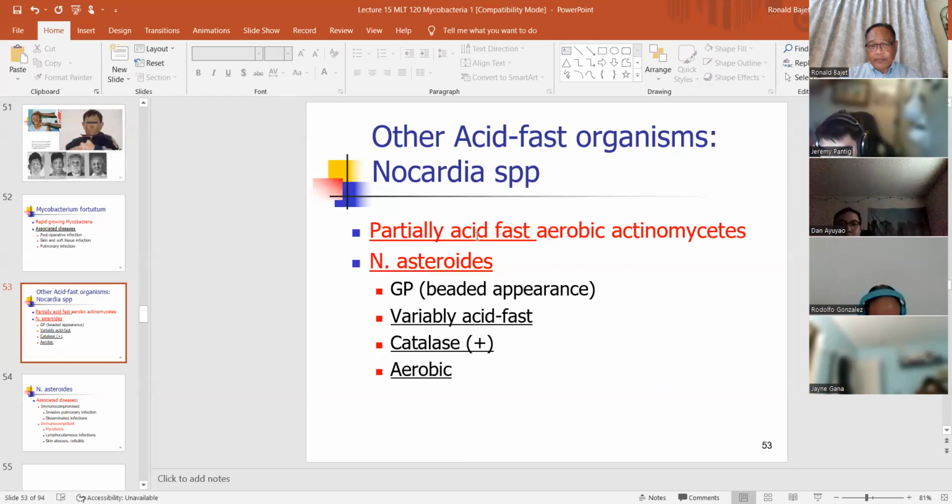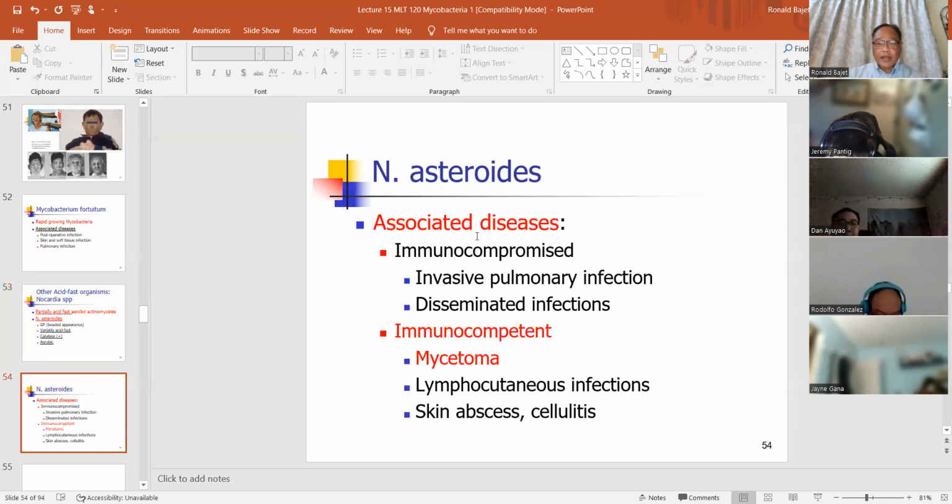And the main organism of Nocardia is Nocardia asteroides. It's gram positive, has a beaded appearance, variably acid fast, catalase positive, and it's aerobic. So it's partially acid fast. Nocardia asteroides associated diseases are in the immunocompromised.